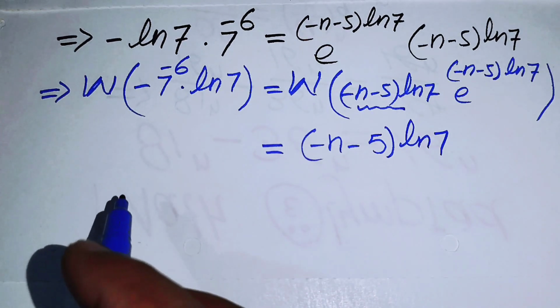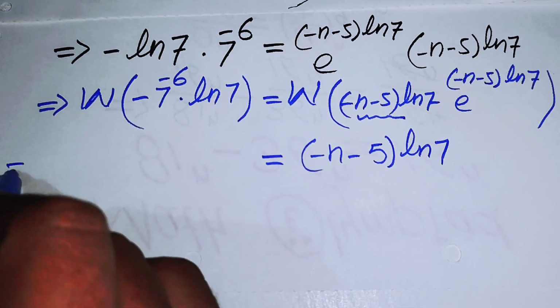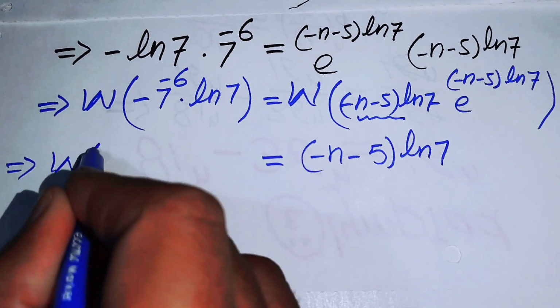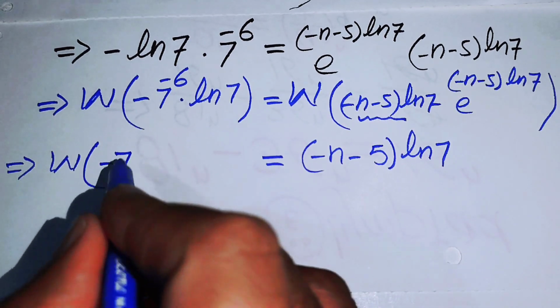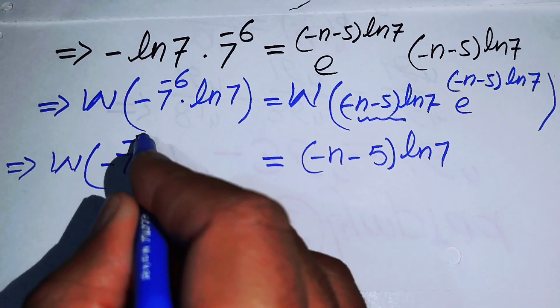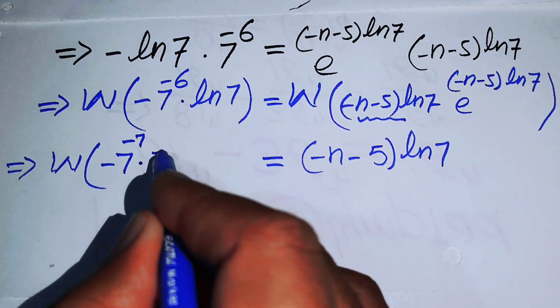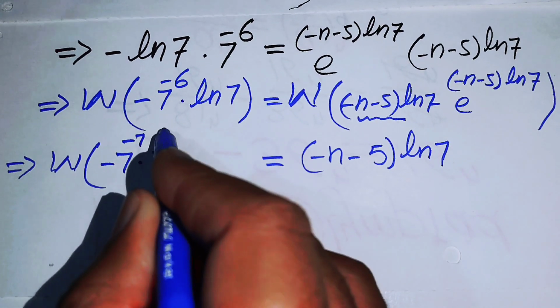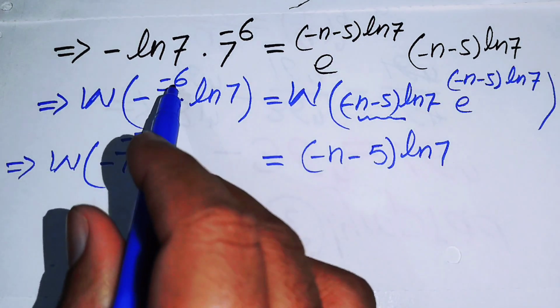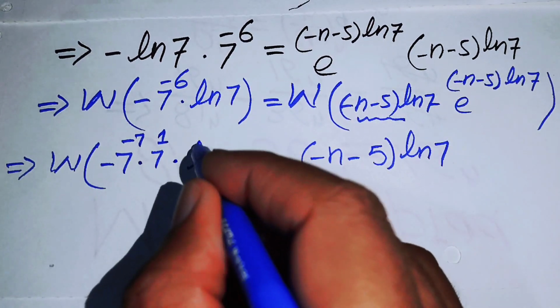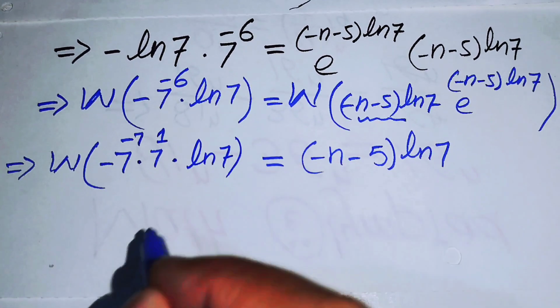And now we make a little bit of simplification on the left hand side, and we will write 7 to the power of minus 6 as minus 7 to the power of minus 7 into 7 to the power of 1, because when you add minus 7 plus 1 you get minus 6, into log of 7.